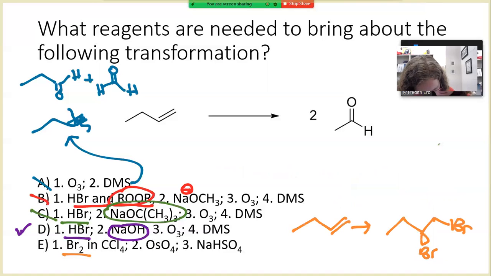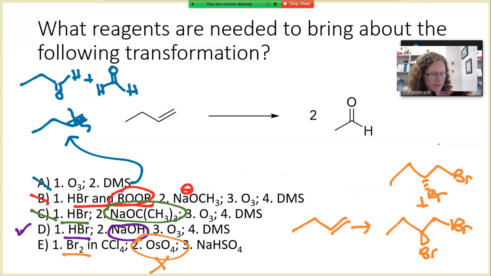It would make this plus its enantiomer. And then we'd be doing osmium tetroxide, and this doesn't really make sense. Osmium tetroxide is going to give us a syn dihydroxylated product, but only from an alkene, not from a dihalide. So E is kind of a nonsense answer. It doesn't give us products that we would expect. So we can cross E off.